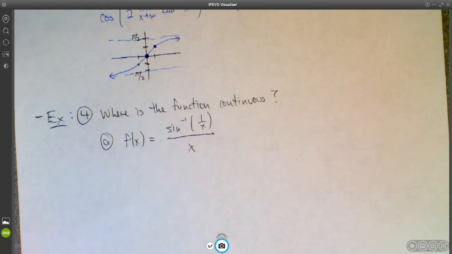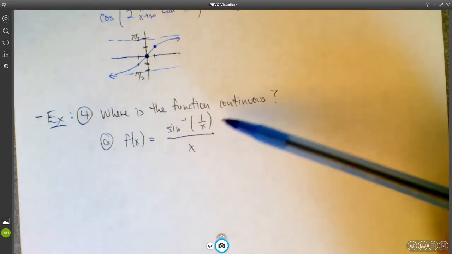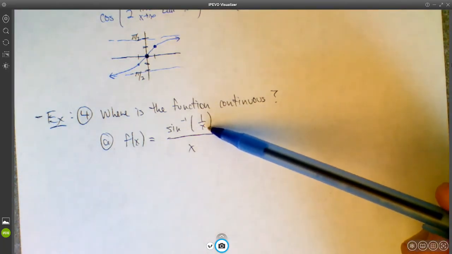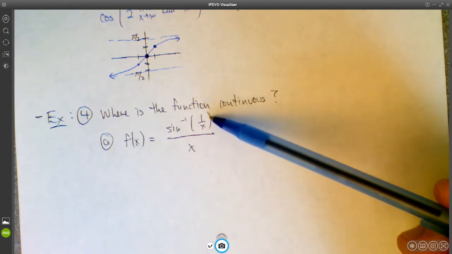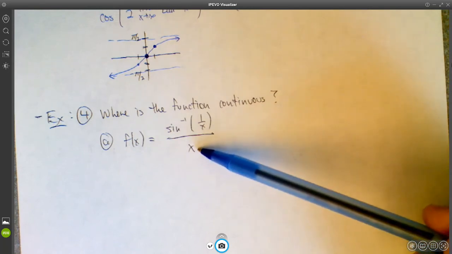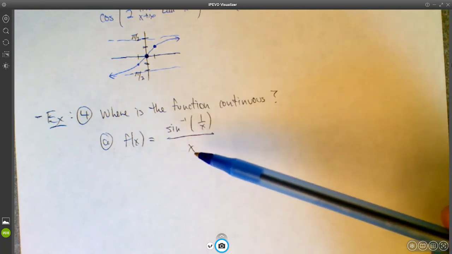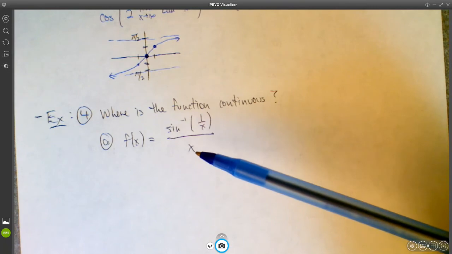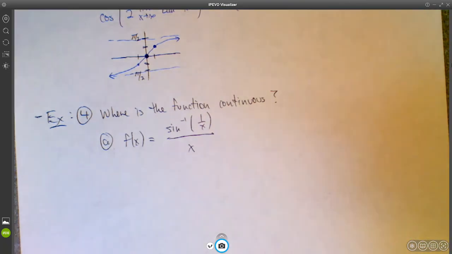So sine inverse is continuous on the interval from -1 to 1, but 1 over x is undefined when x is 0. And not only that, but the overall function is going to be undefined when x is 0 because of that 0 right there. So where is this function continuous? It's continuous on the interval from -1 to +1 except for 0.